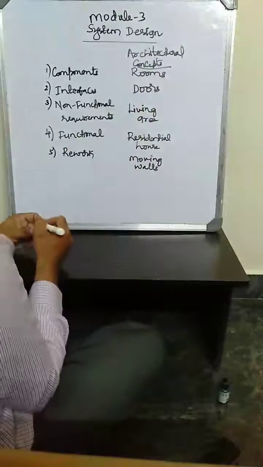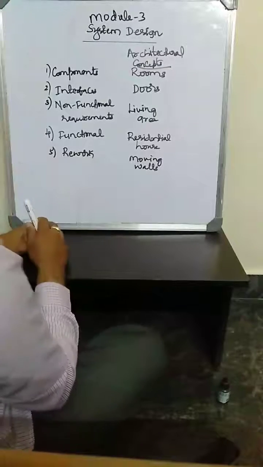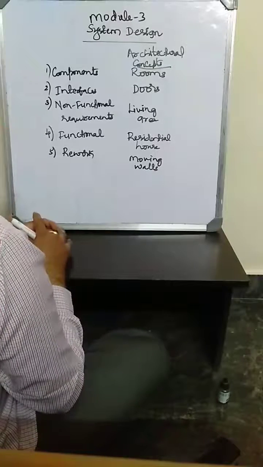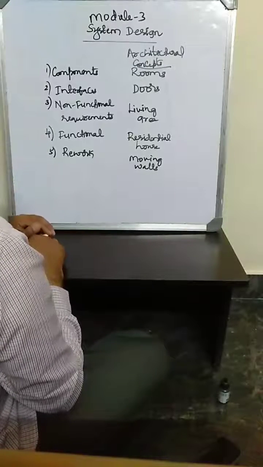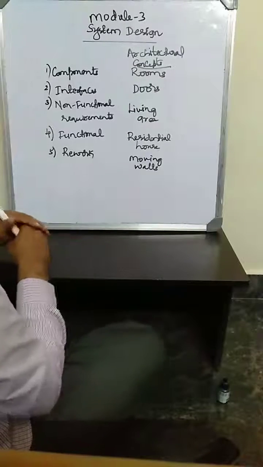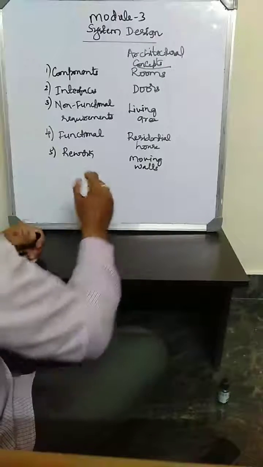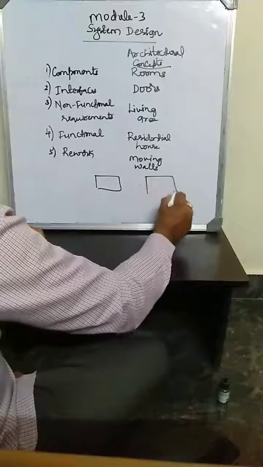So in that one, components are required. Components are nothing but, so an architectural style will come, that is called components and connectors. We may call them in other words pipes and filters. Filters are nothing but components and pipes are nothing but connectors. If you want to connect, let us say these are the two components.